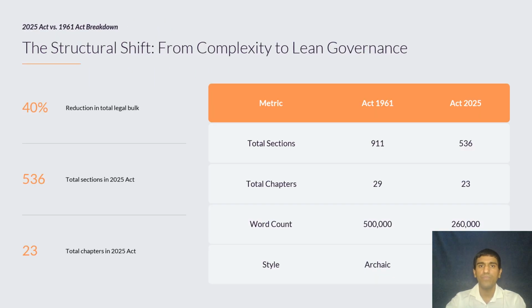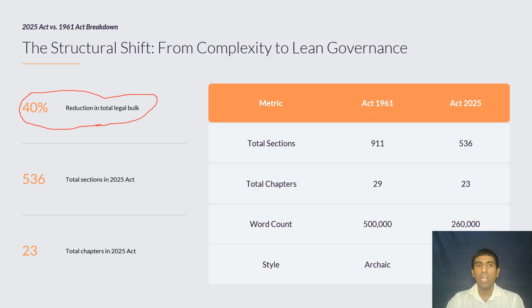So how does this act differ from the old act? So one is, compared to the old act, there has been a 40% reduction in legal bulk because of sections being reduced and so on.